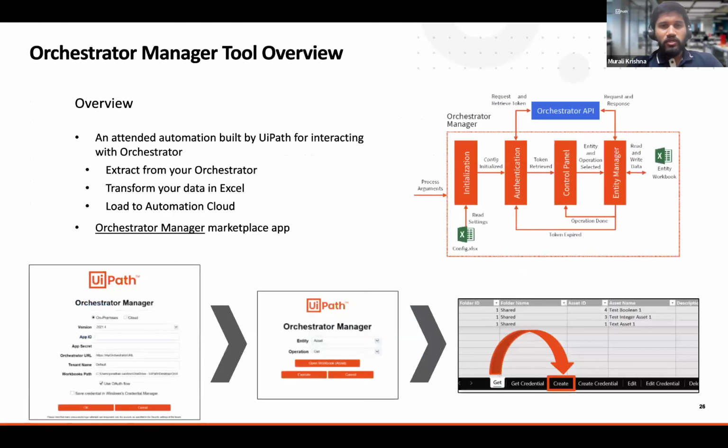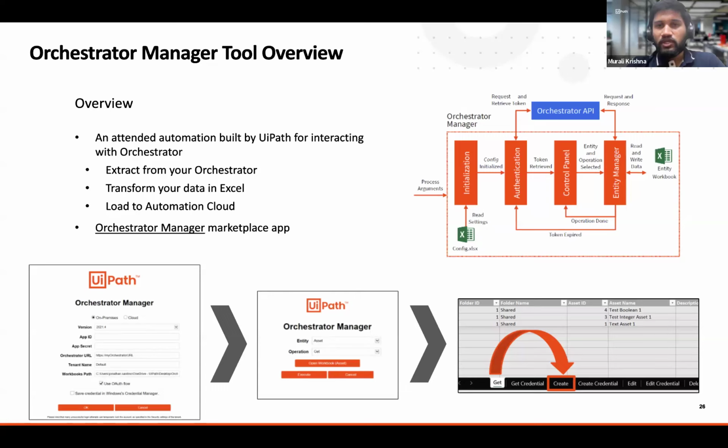So going with the next one, which is Orchestrator Manager. As Chetan has already covered this process, I'll try to explain the flow, how it works. It's completely developed in UiPath code. When you see the initialization stage in the Orchestrator Manager, we have the config file, which will read the configuration data.